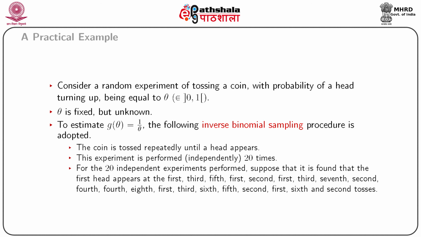From the outcomes of 20 trials, it is found that the first head appears in the first, third, fifth, first, second, first, third, seventh, second, fourth, again fourth, eighth, first, third, sixth, fifth, second, first, sixth, and second toss.